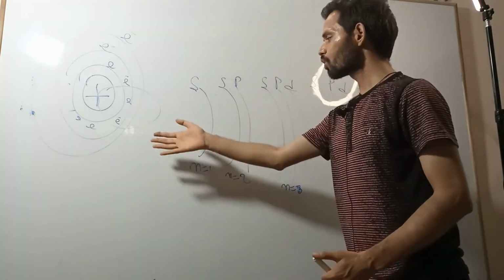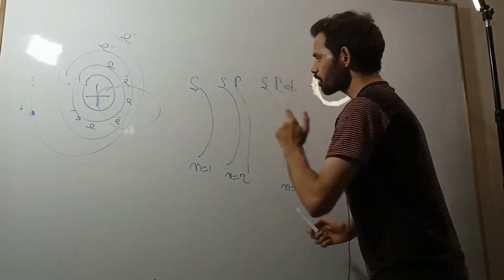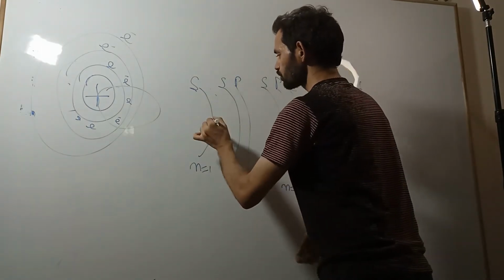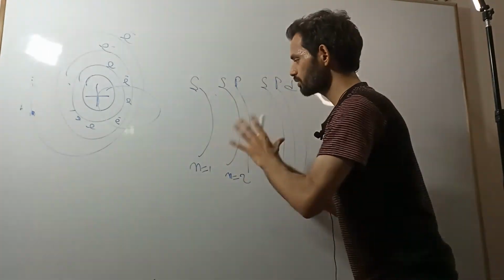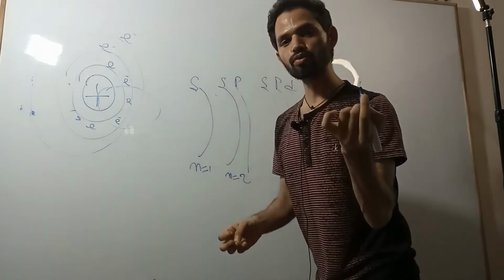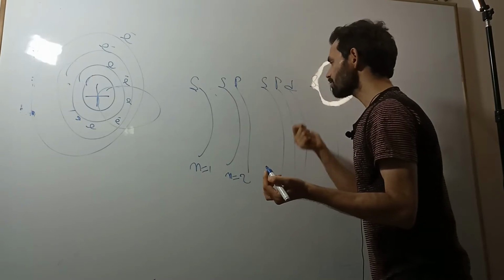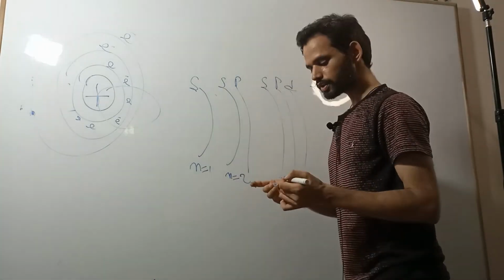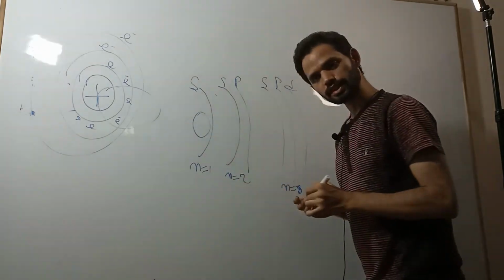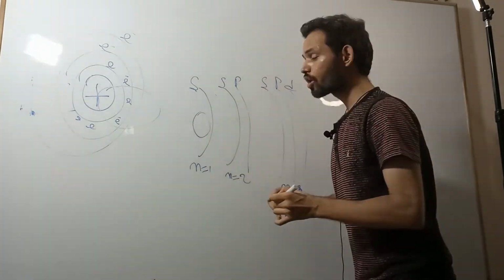According to the quantum selection rule, now we will zoom into these energy subshells through a microscope. What do we find in every subshell? Orbitals. How many orbitals? The s subshell has 1 orbital.